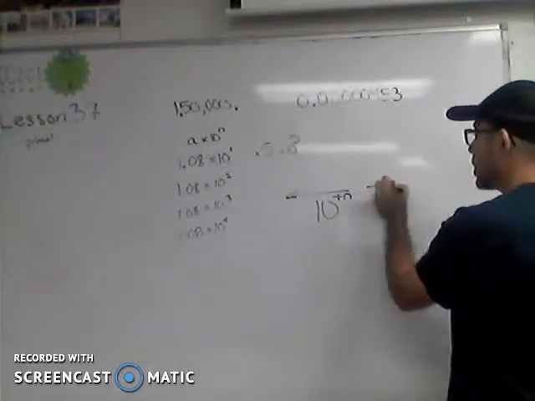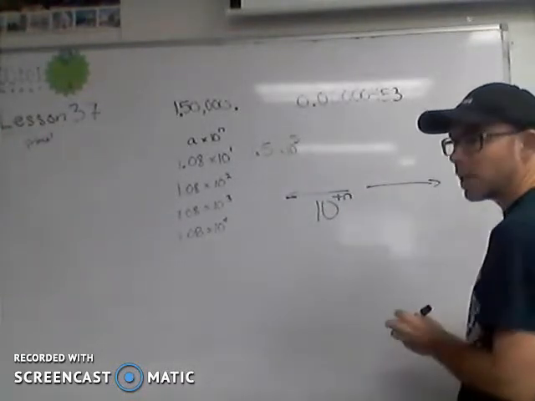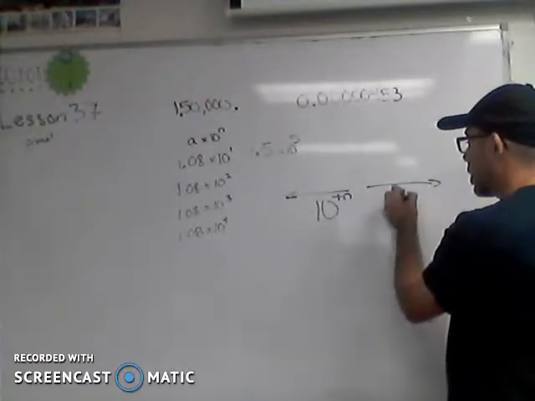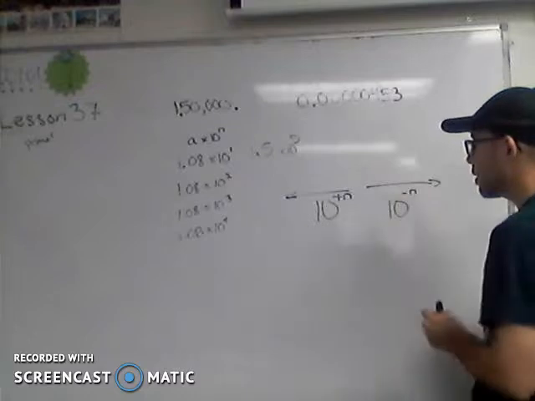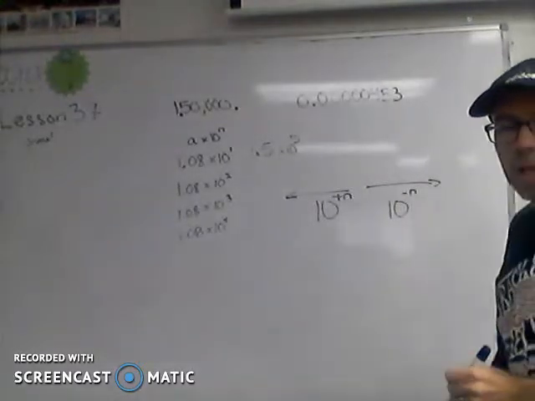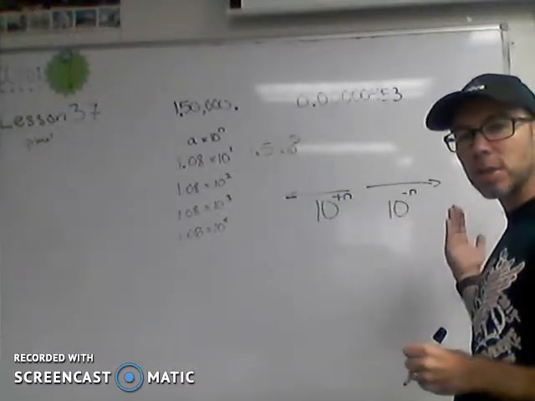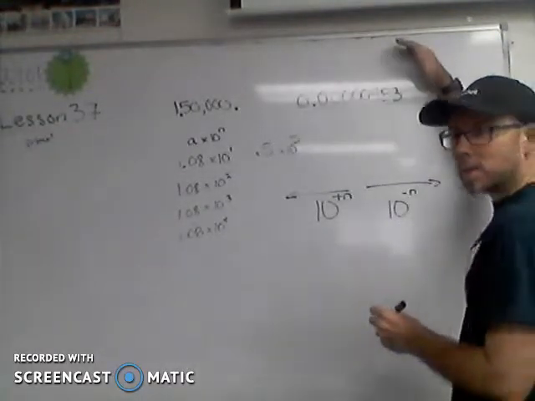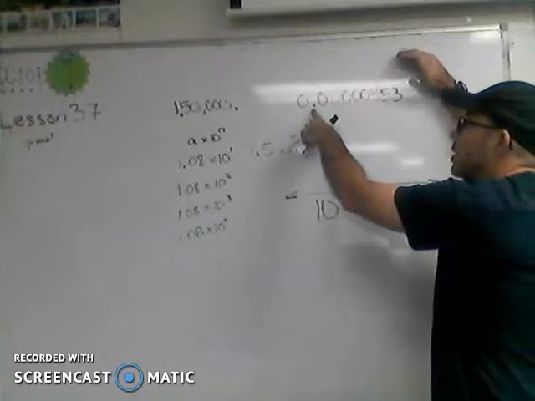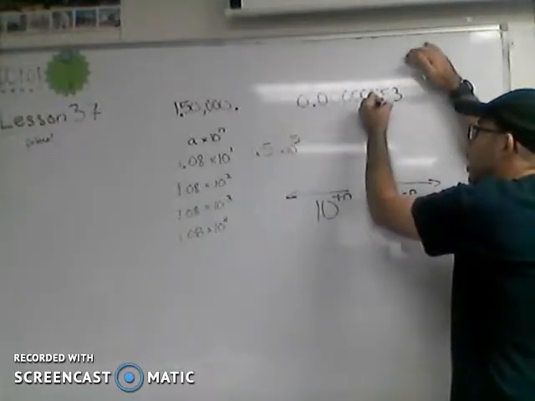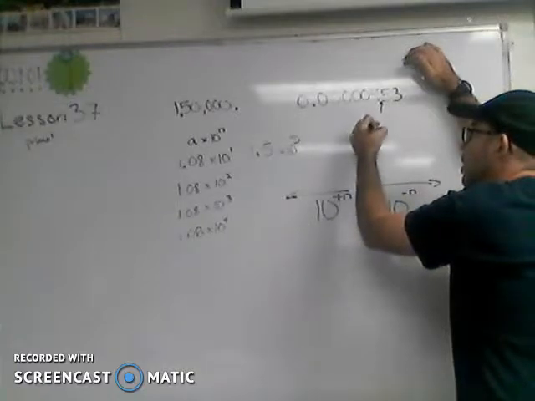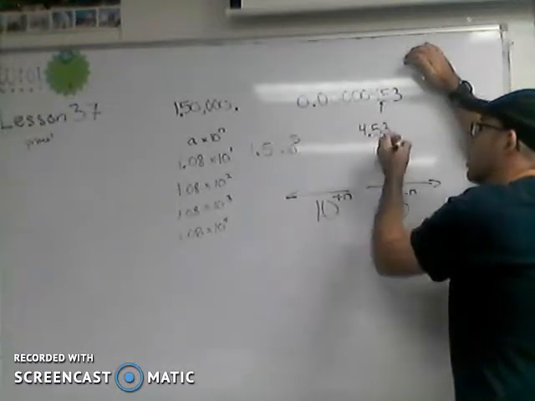And if I end up moving the decimal place this way to get a number between 1 and 10, I'm basically taking 10, and I have to include it to a negative, indicating that I've just done division in order to do that. That would happen on a problem like this up here, where I have a very, very, very small number. Now here's the place where I would put that decimal point in order to make it a number between 1 and 10.